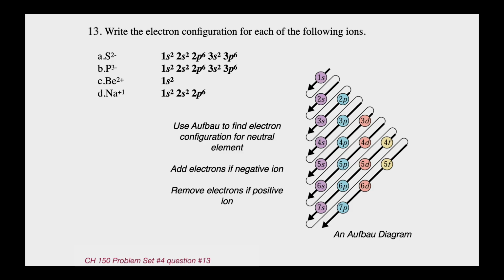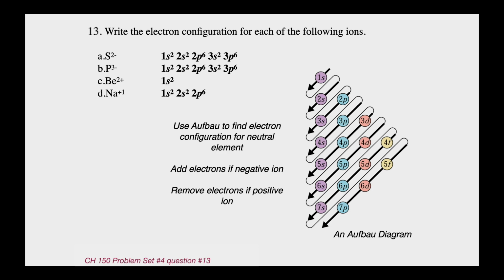And notice how phosphide, the next one, does the same thing. It was a 3s2, 3p3, and then it went 3p6 when it gained 3 more electrons. So both sulfide and phosphide have an argon electron configuration, that noble gas configuration. Now, the other ones do it too, but they're going to lose electrons. So beryllium was 1s2, 2s2 when it was neutral, and taking away 2 electrons takes away the 2s electrons.